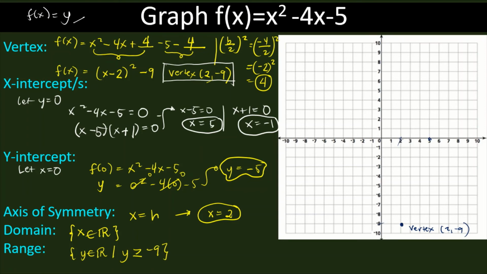So these are our x-intercepts, 5, 0, and then negative 1, 0. Okay, and then next we have the y-intercept at negative 5. So negative 5 sa y-axis. So this is our point, 0, negative 5. Yung negative 5 ay y-intercept at y-axis.